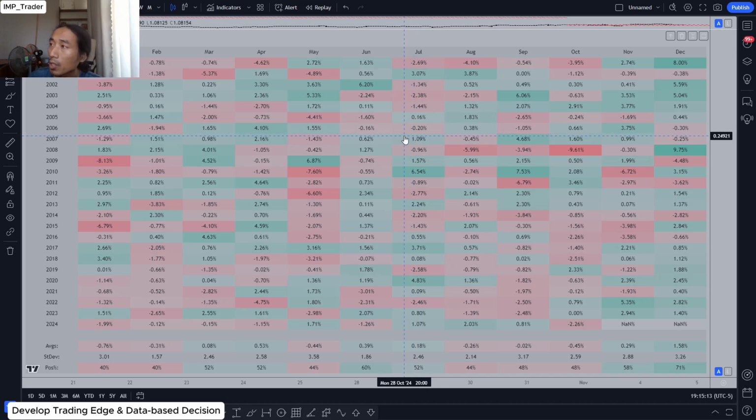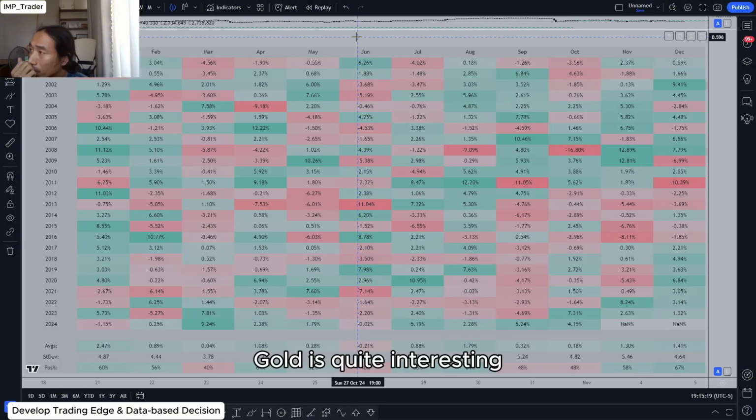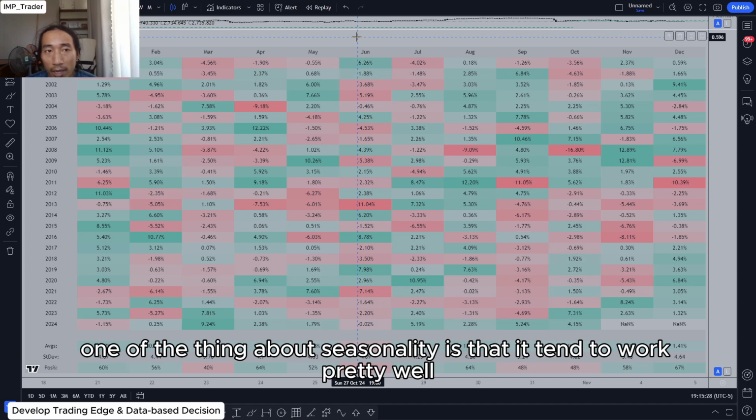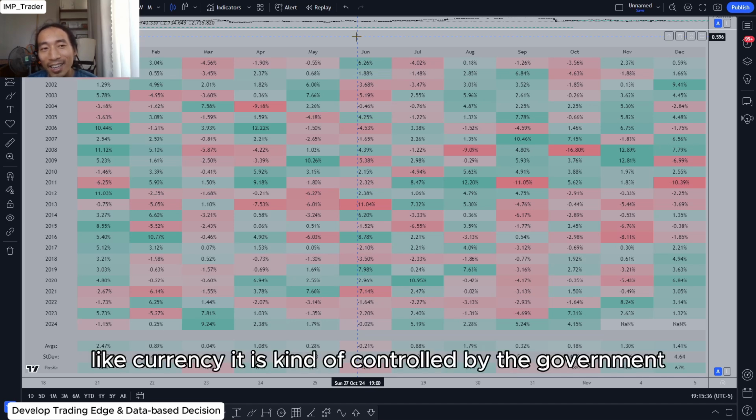We're going to review some other stuff, like, let's say, gold. Gold is quite interesting. One of the things about seasonality is that it tends to work pretty well on products that are not made by humans, like currency, which is kind of controlled by the government.